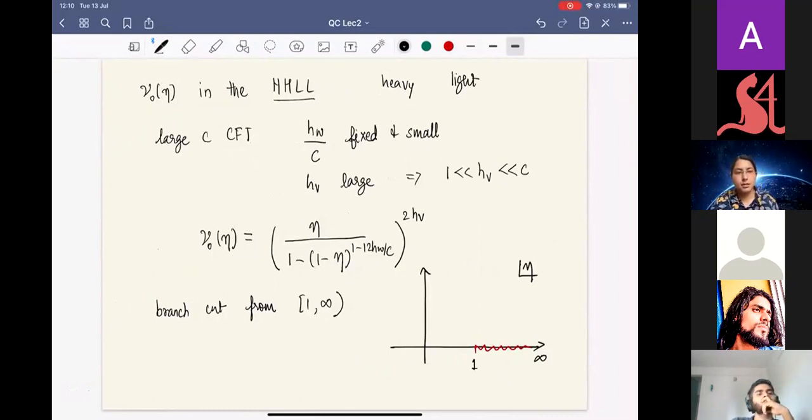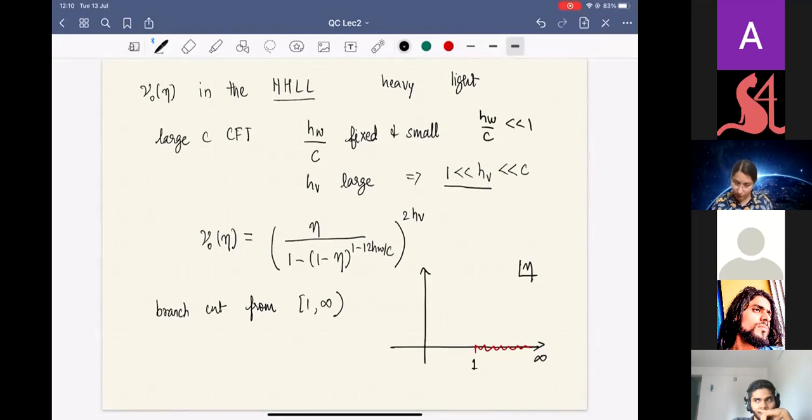HV is still much smaller than C. So since it is much larger than 1, HW over C is of the order of 1 or even smaller. It is smaller than 1 actually.